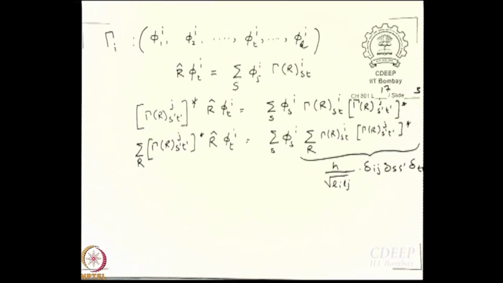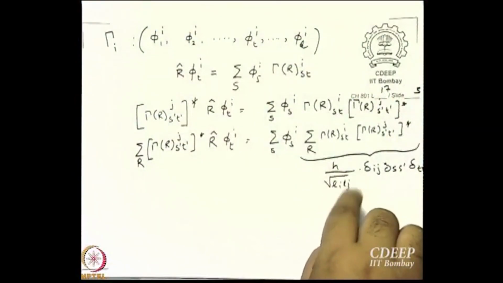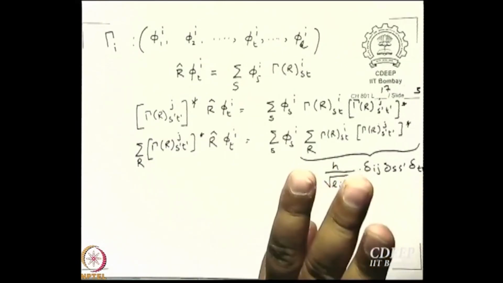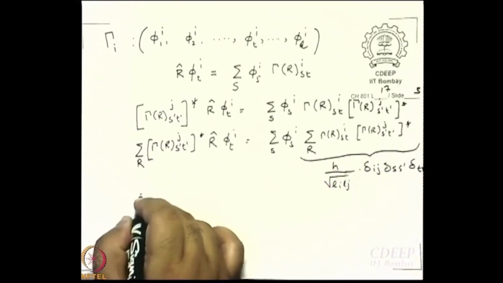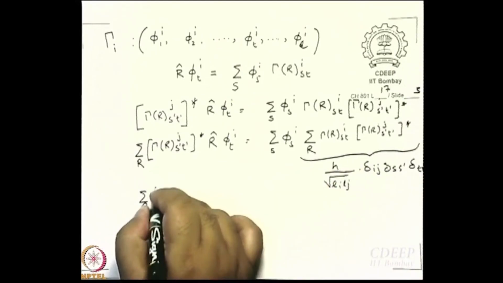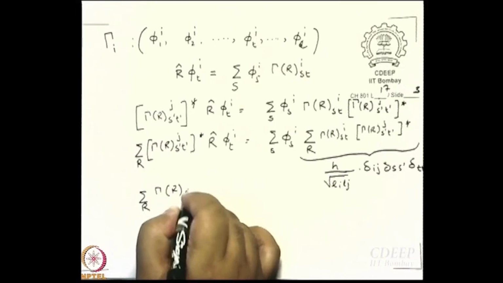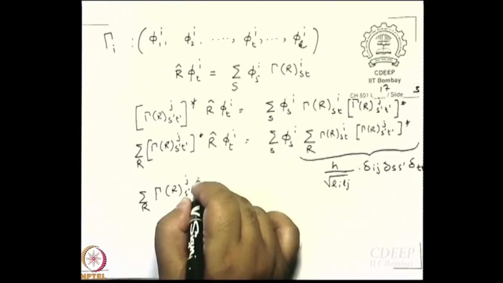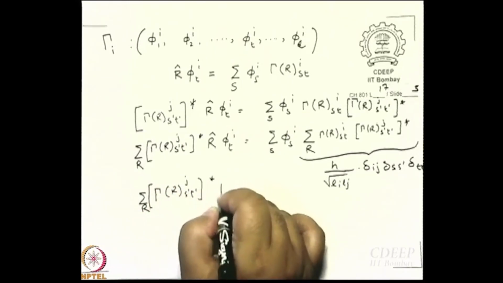Okay, so how do I simplify life a little more? You put I equal to J, specific value, put S equal to S dash, specific value, put T equal to T dash, specific value. What does the right hand side become then? This part, H by square root of Li Lj, square root of Lj Lj. So it is H by Lj. Okay, right, the left hand side becomes the sum over R of gamma of R S dash T dash J star, R hat.